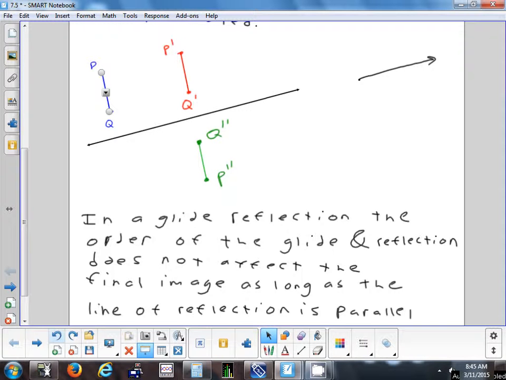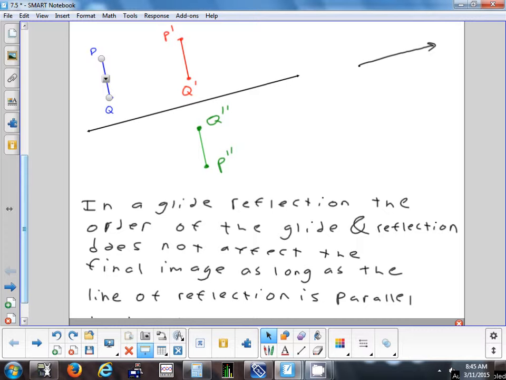So you get the same thing both ways. It's kind of like if you were on a map, and I said, go up 3 blocks and right 4. Whether you go up and then right, or right and then up, you get to the same point. It wouldn't matter which order you did it in.